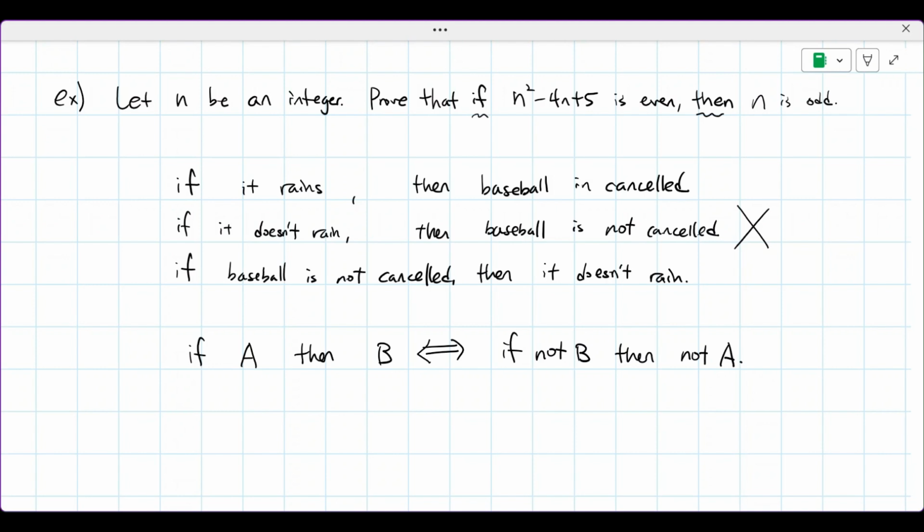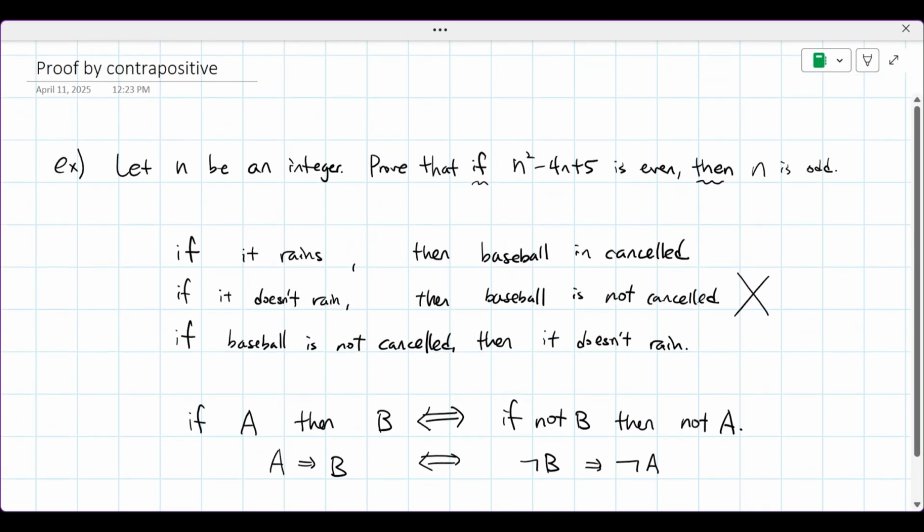If you want to use more mathematical notation, you can say that A implies B is identical to not B implies not A, although these notations are not required at this level. So just remember that if you want to prove the implication, then we can try to prove the contrapositive of it. So what we're doing right now is proving the contrapositive.